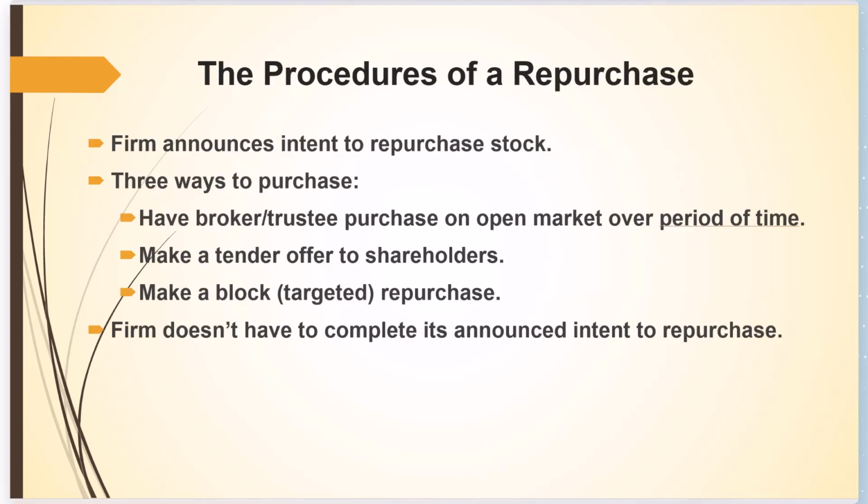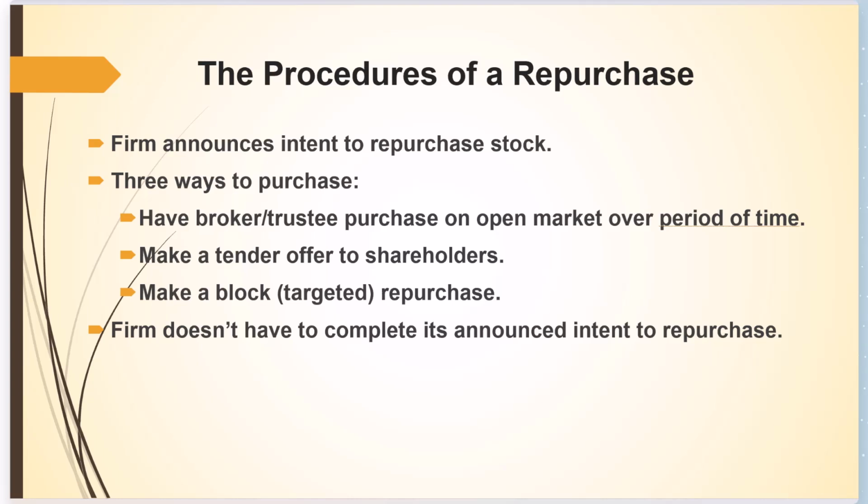So what are the procedures? Obviously, the firm has to announce its intent to repurchase the shares. There are three ways this could happen. It could happen through an open market buyback. The company just buys it back from the stock market.